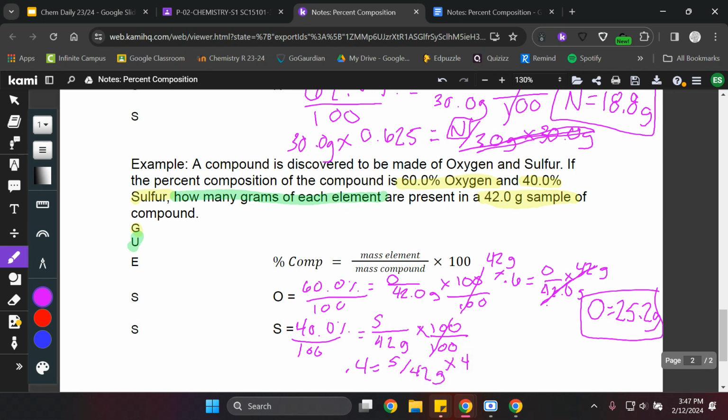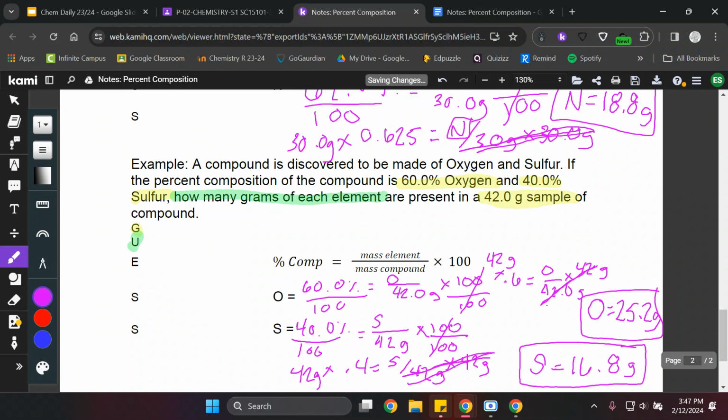Multiply both sides by 42 grams in order to cancel that out. 42 grams divided by 42 grams, those cancel. So our sulfur component is equal to 42 grams times 0.4, or 16.8 grams.